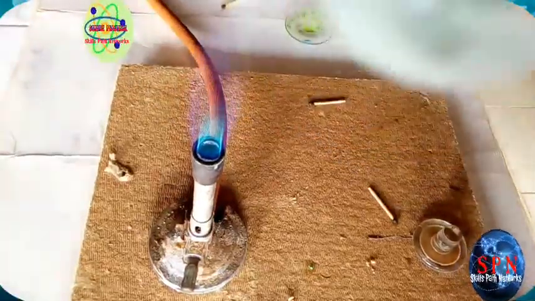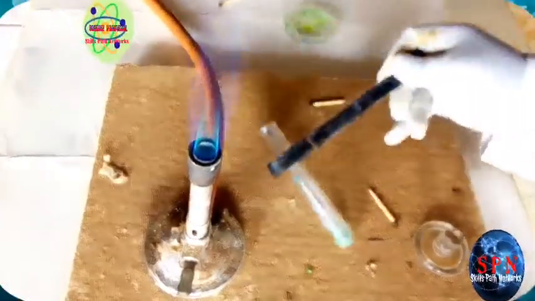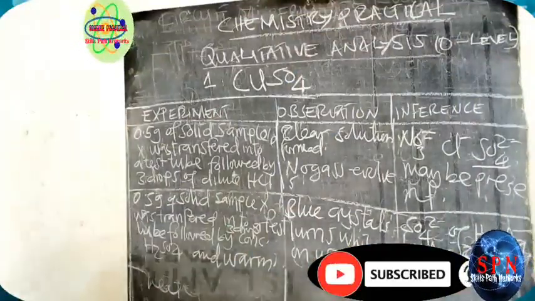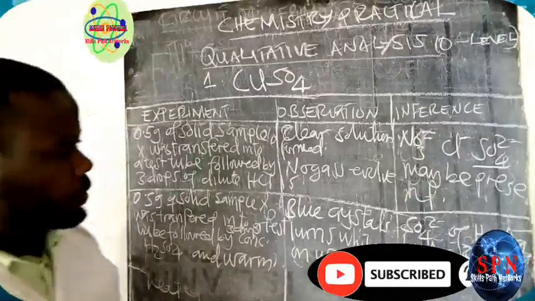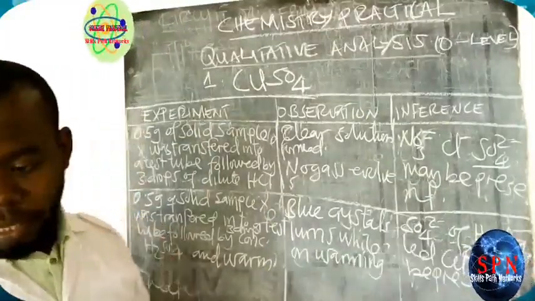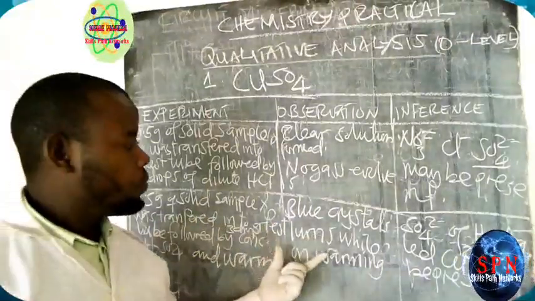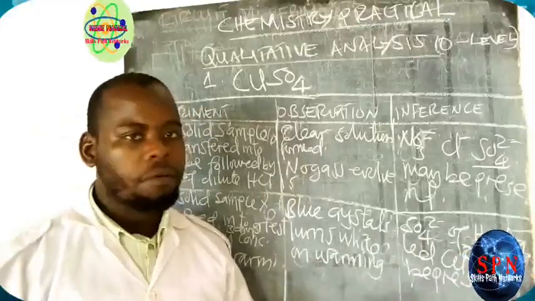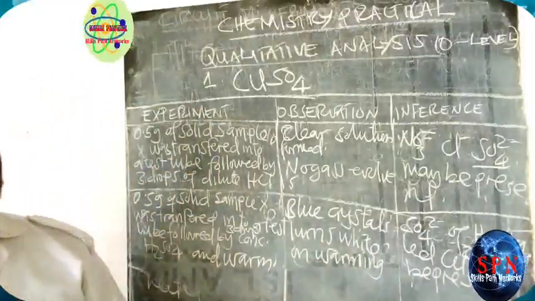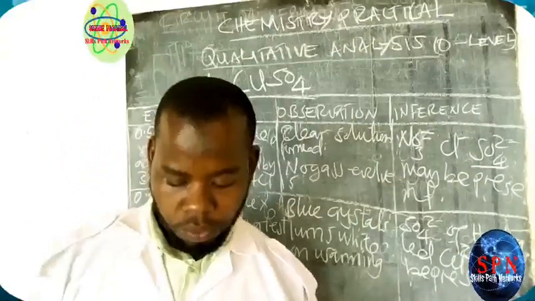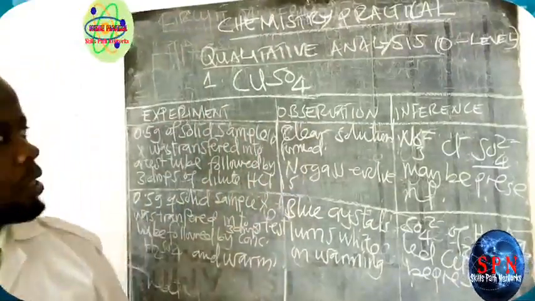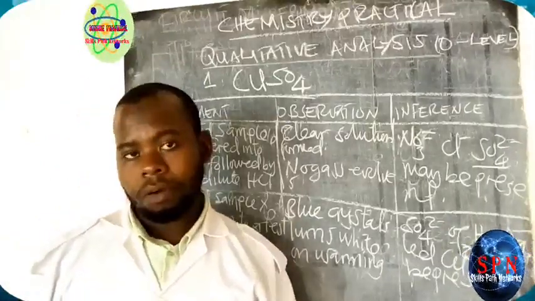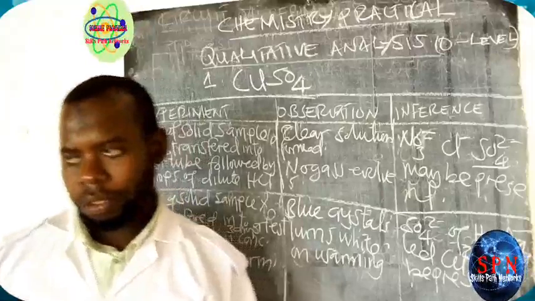With sulfuric acid, we have observed that the crystals of blue turn white on warming. It means hydrated copper sulfate may be present. Now the preliminary testing procedure is over. Now we go to test in solution.